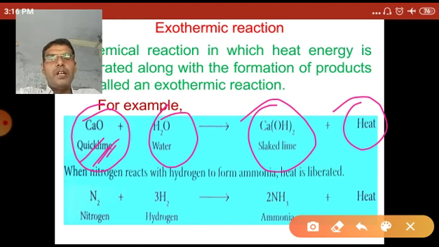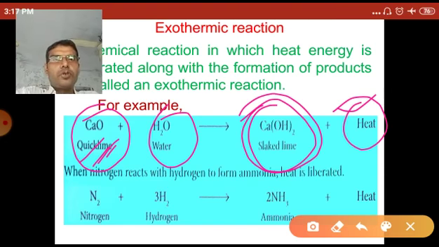When chuna is added into water, it forms calcium hydroxide, slaked lime, and produces a lot of heat. When you touch the solution of quicklime, you will feel a lot of heat, because of the release of heat.